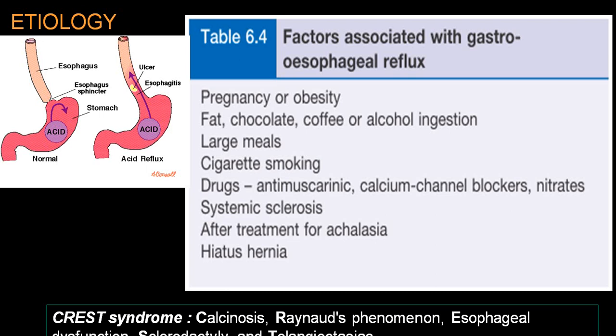So this is called CREST syndrome, and you see it very commonly in a person with a collagen group of disorders like rheumatoid arthritis, periarteritis nodosa, etc. More common with collagen group of disorders.